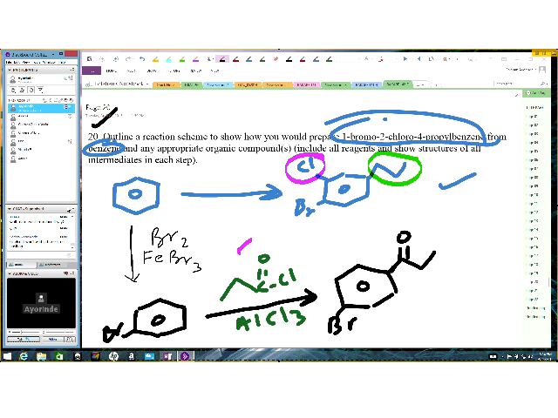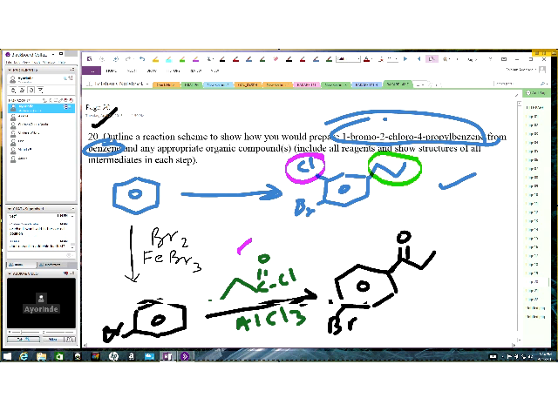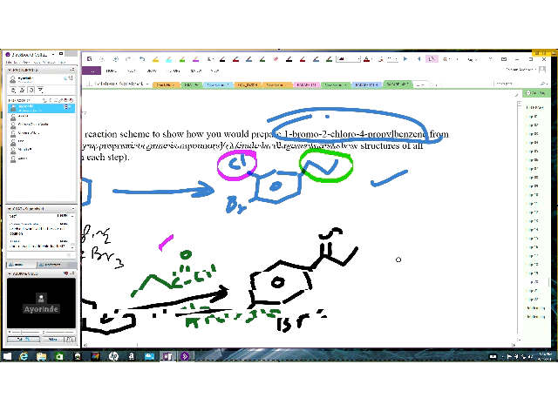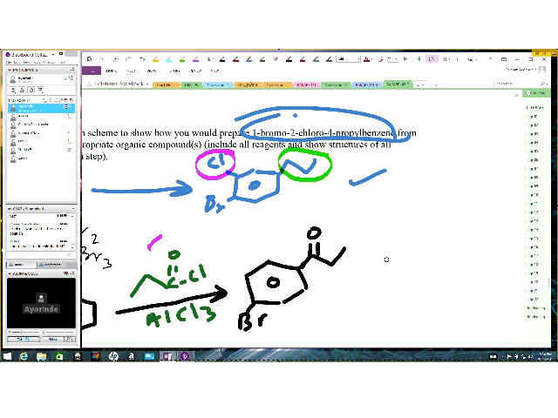We could do hydrogenation. Very good. We reduce that, and we use hydrogen in the presence of palladium.